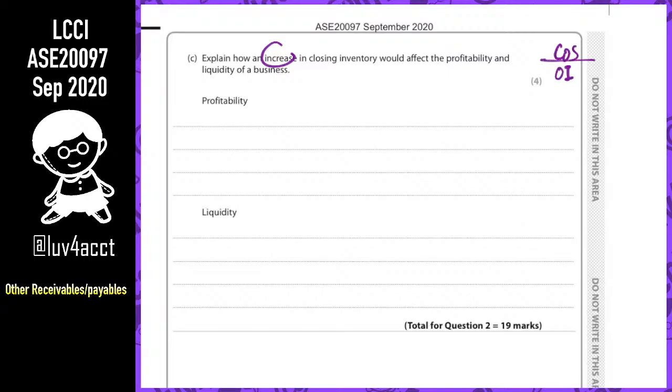Opening inventory, add purchases, less closing inventory is equal to cost of sales. If closing inventory is increased, that means our cost of sales would decrease, and profit and also profitability would go up. So profitability would be improved.